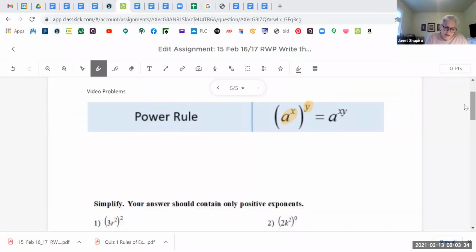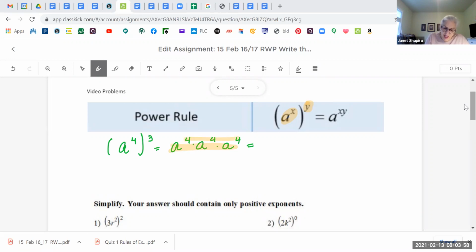And so what that means, if we have a to the fourth cubed, that means a to the fourth times a to the fourth times a to the fourth. All right. If we use our multiplication rule, we know that when the bases are the same, we can just add the exponents.